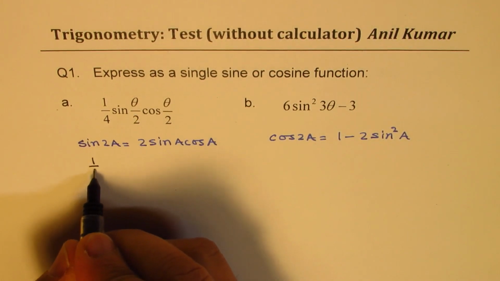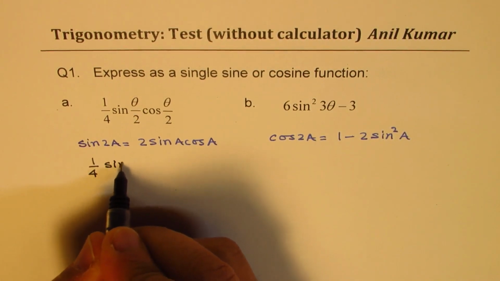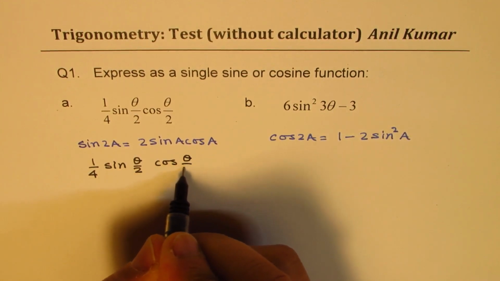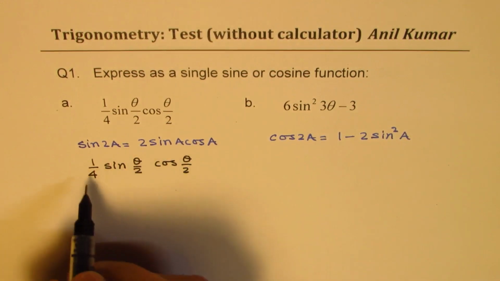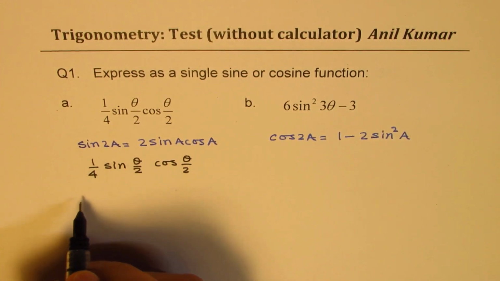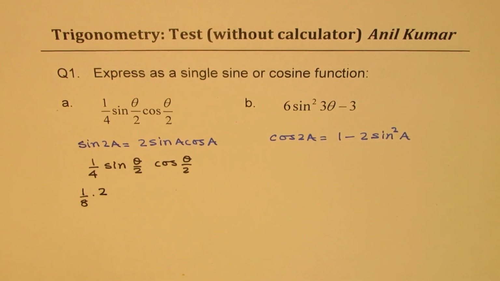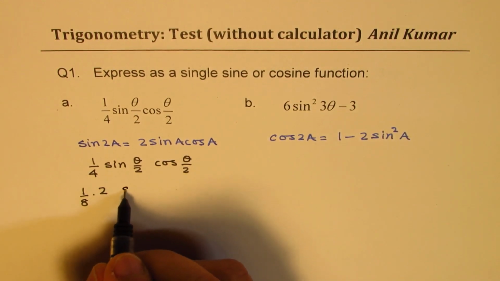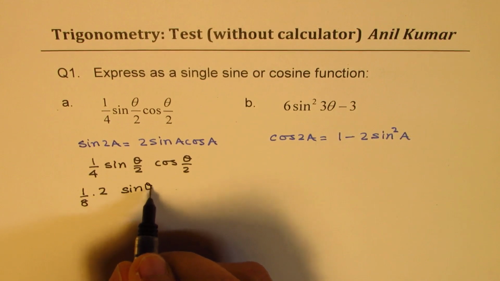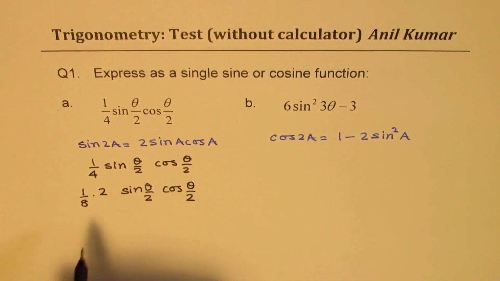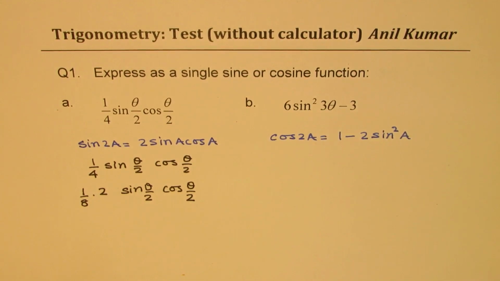So we are given 1 over 4 sine theta by 2 cos theta by 2. To get 2 times, we will actually write this as 1 over 8 times 2, so that is 1/4, correct? Of sine theta by 2 cos theta by 2. Now we can apply the double angle formula, correct?